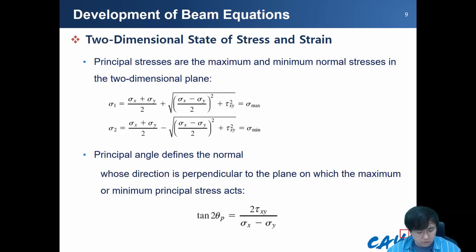And then last year, I think you also learned about those kinds of stress concepts. First is plane principal stress. What is the principal stress? Principal stress is the maximum or minimum stress in our solid structure, in the two-dimensional solid structure. It is because every solid structure experiences some stress in a specific direction.